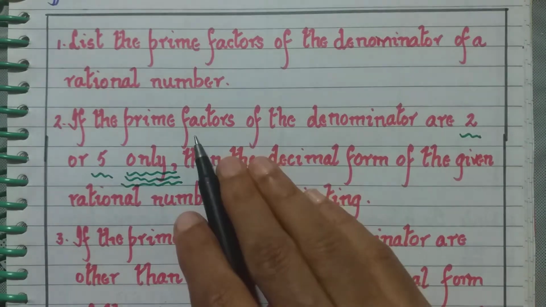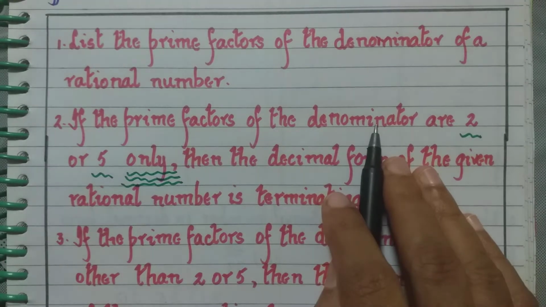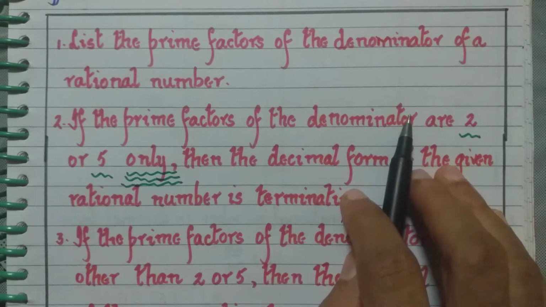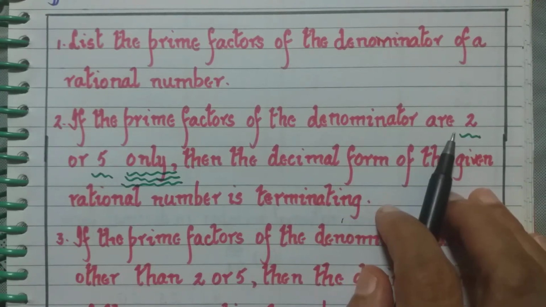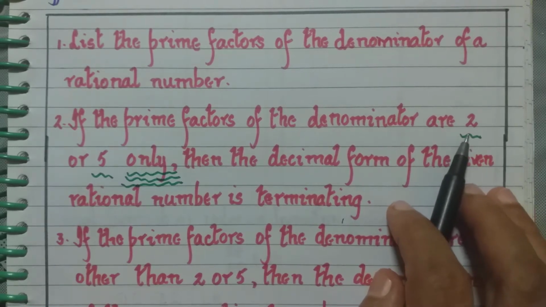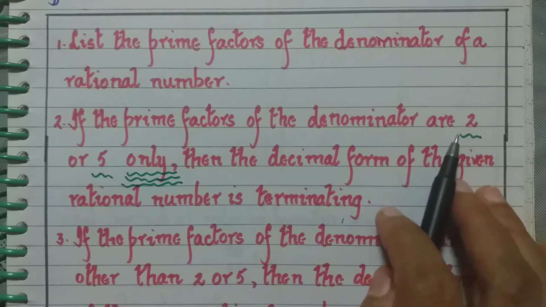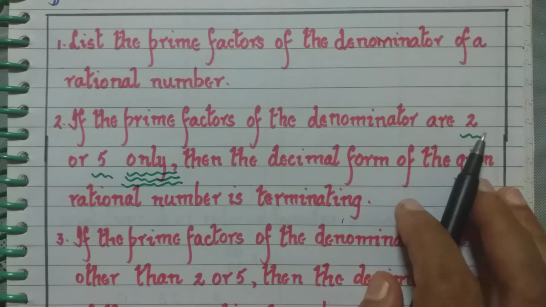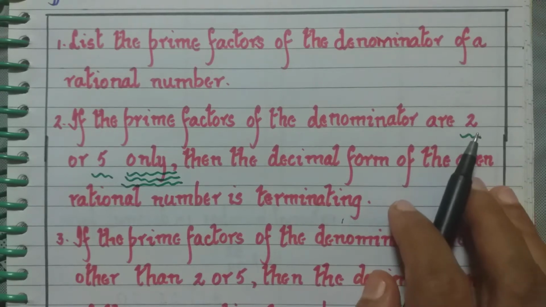If you look at the prime factors of the denominator and if the prime factors are only 2, suppose the denominator is 8. Now 8 is got by multiplying 2 into 2 which is 4, 4 into 2 that is 8, that is 2 into 2 into 2. So that means the prime factor of the denominator is only 2.